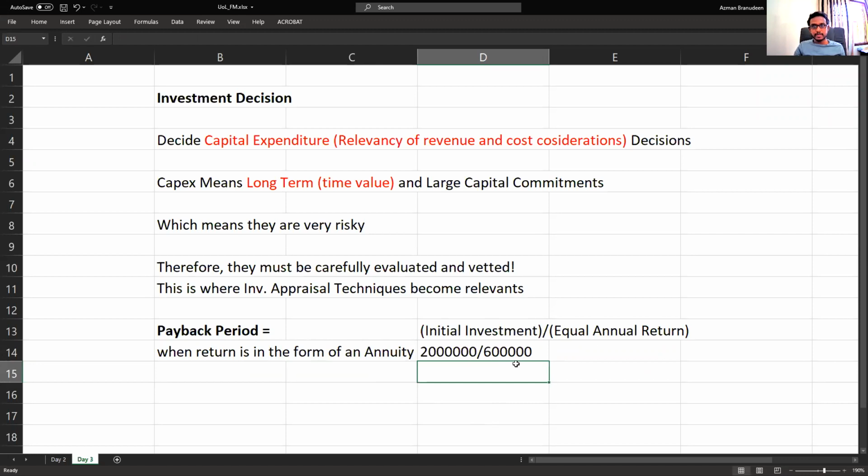This can only be used when you're making an equal return. If not, you have to do it in the tabular format, or if you can do it in your head, sure.